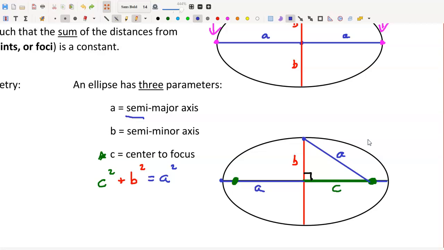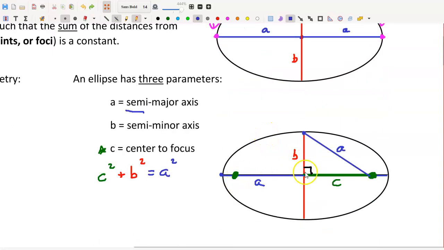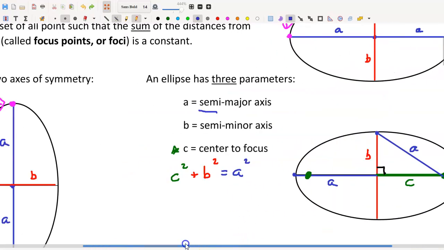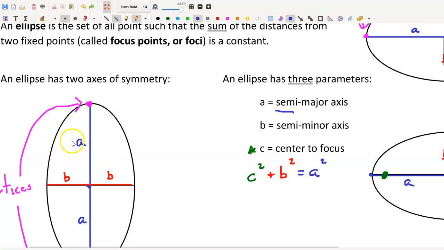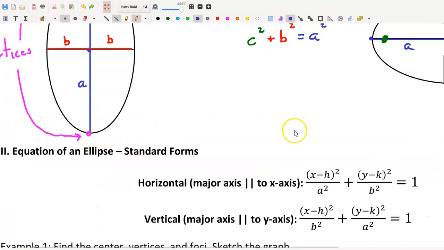Pretty cool. Okay. Now, how do you know if it actually opens left, right, or vertically, up and down, right? So it depends on where the A is found, the bigger value, right? So if you look down at the two possible equations, you notice that with the horizontal, the A value, which is always bigger, it's underneath the X variable.